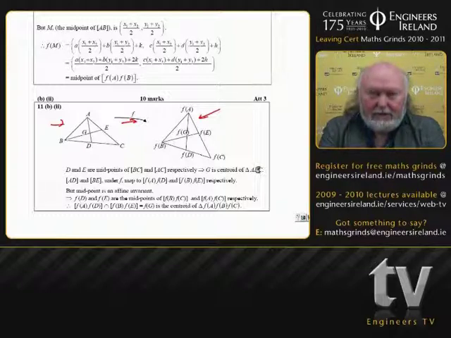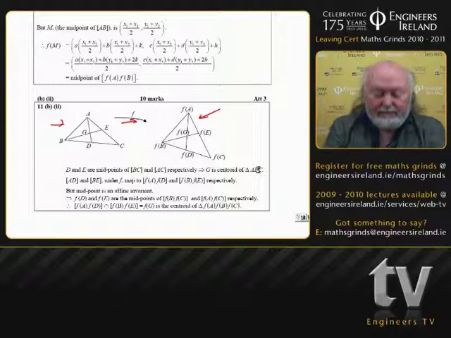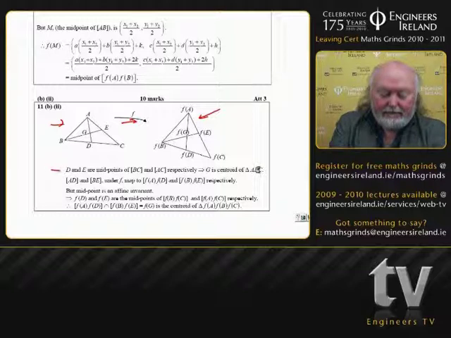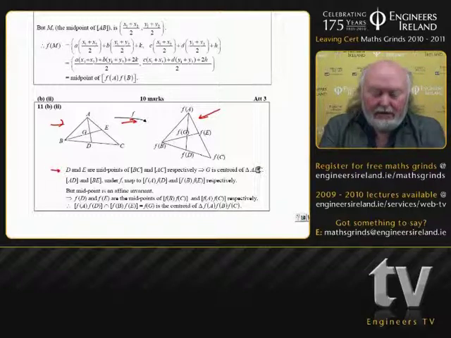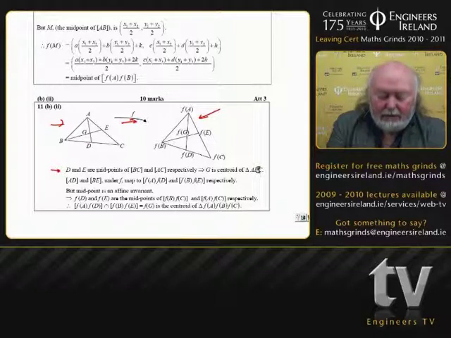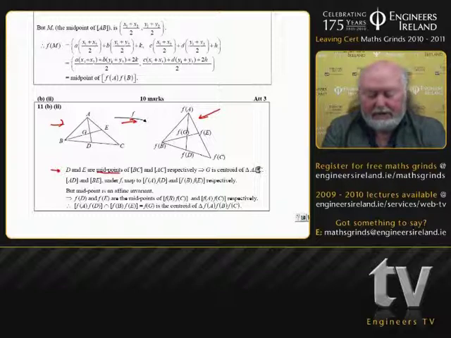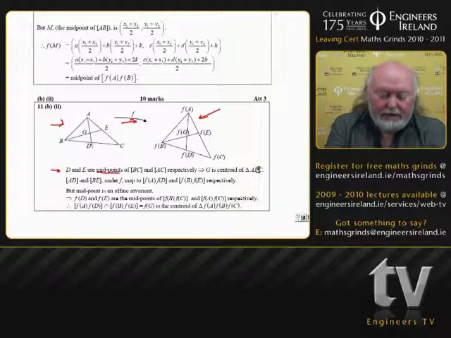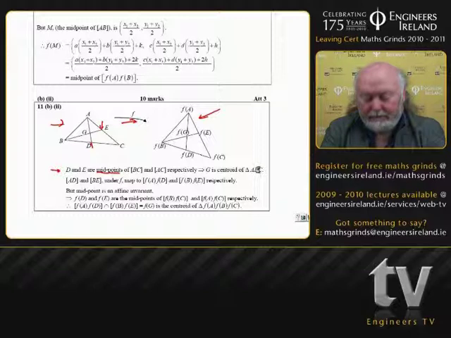Now, how do we argue our case? The first thing you do is you always describe what you're dealing with. D and E are midpoints of BC and AC respectively. So this point here is halfway along BC and this one is halfway along AC.